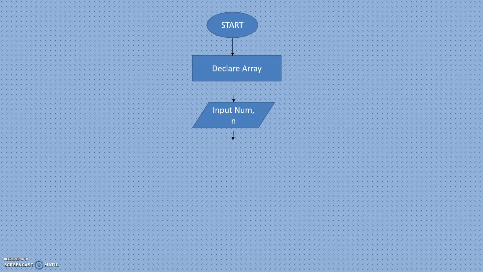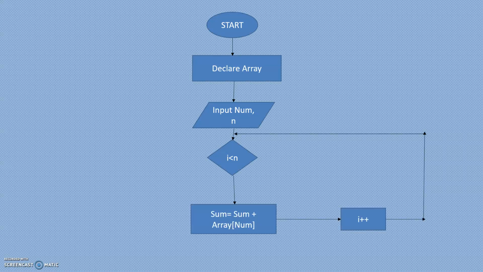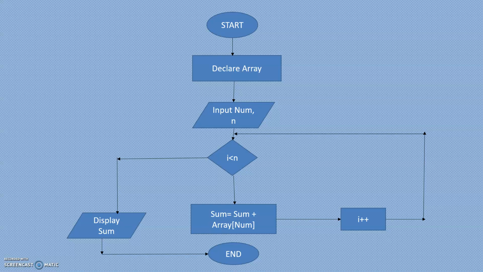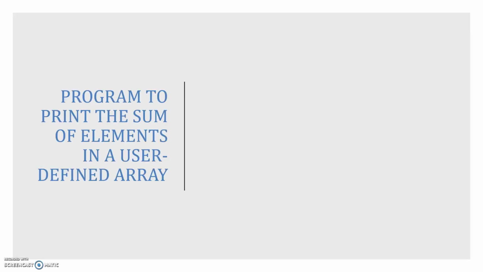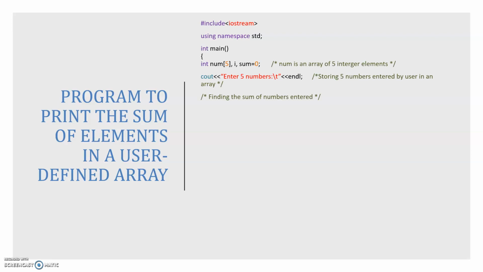This next slide shows how to declare an array and a simple program for the addition of the numbers in the array and to display it. Program to print the sum of elements in a user-defined array. First, we declare the header file for C++.